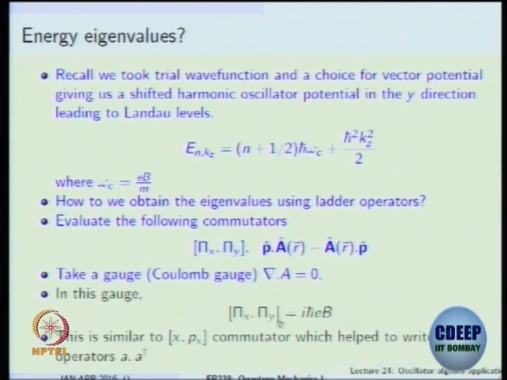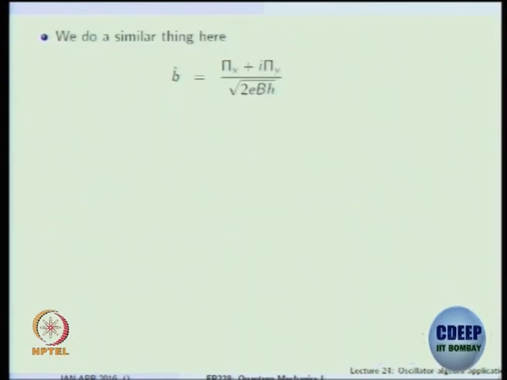So using this, we can try to construct new ladder operators involving pi x and pi y. This is what we do here. We take the ladder operators as pi x plus i pi y with this normalization, and similarly the Hermitian conjugate of that.